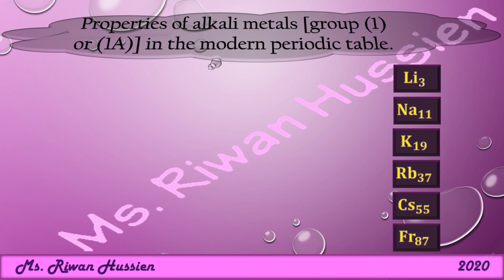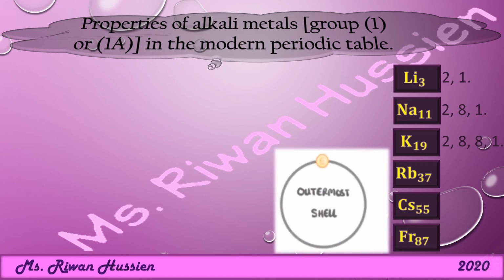If we write the electronic configuration for these elements, we will find that lithium 3 is 2, 1, sodium 11 is 2, 8, 1. Potassium 19 is 2, 8, 8, 1. So, they have one electron in the outermost energy level.